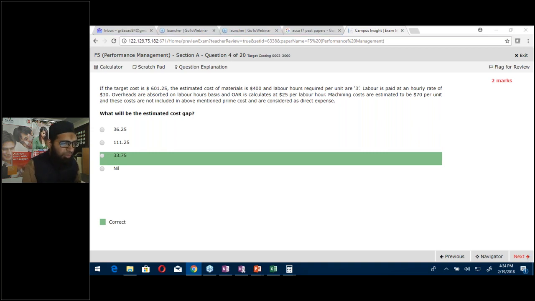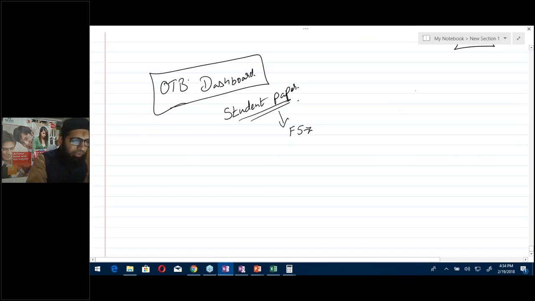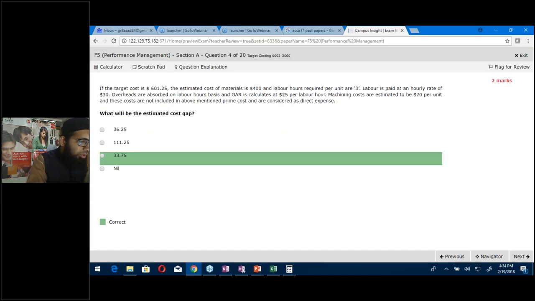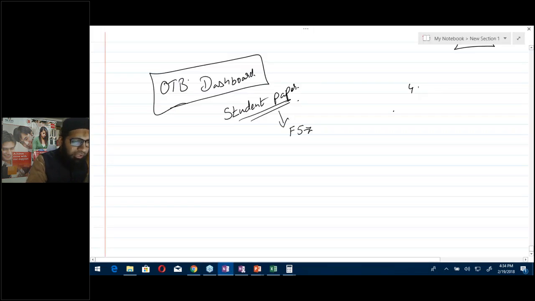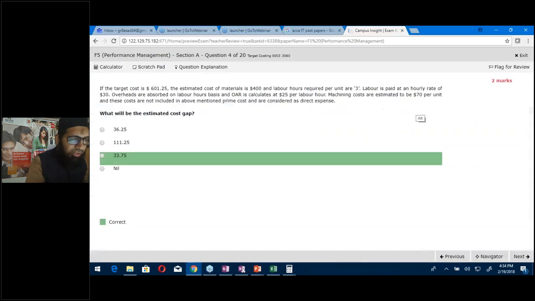So if I estimate the total cost, it will be $400 for material. For labor it will be $90, by 3 hours times $30 per hour. Overheads will be 75, and once again this is 3 times 25, and there is a machining cost, which is 70.